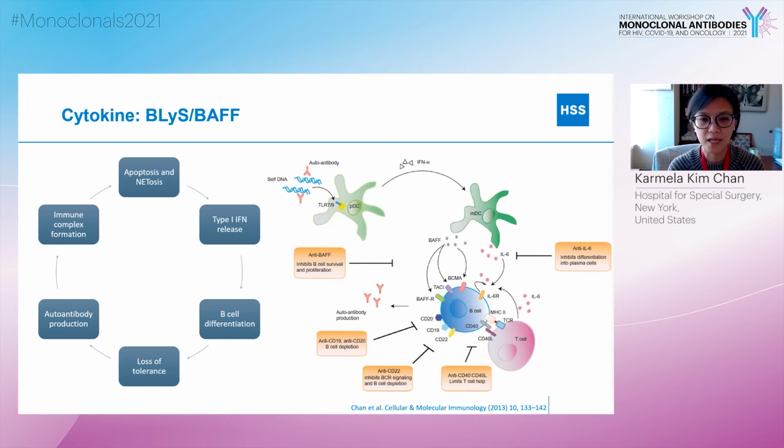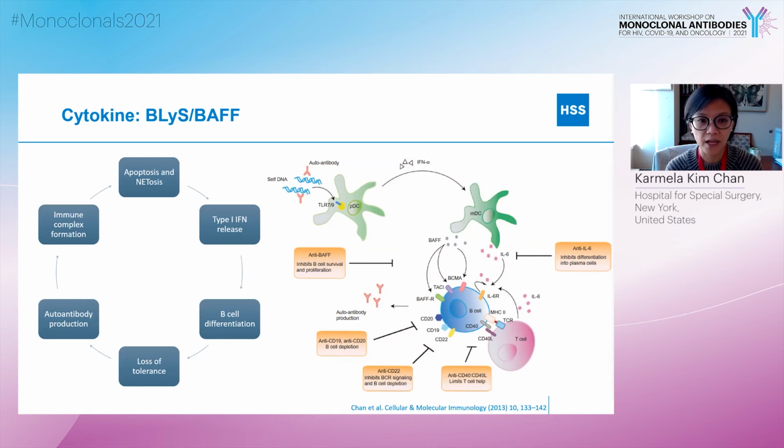It is thought that plasmacytoid dendritic cells release type 1 interferon in response to increased cellular debris from apoptosis and mitosis. Interferon then promotes B-cell differentiation and loss of tolerance, which results in autoantibody production. This leads to immune complex formation and further cell destruction, thus propagating the vicious circle.